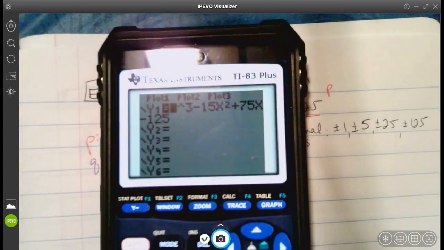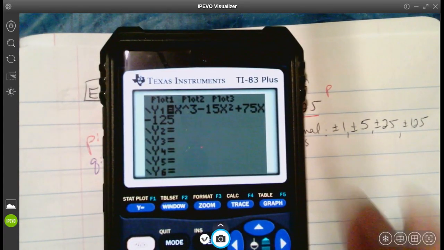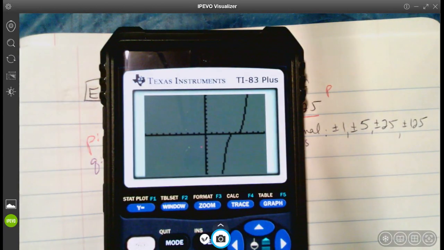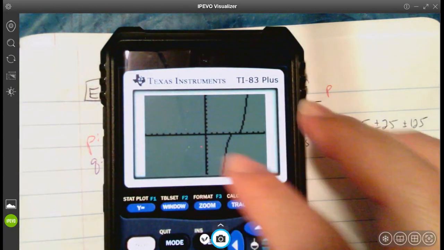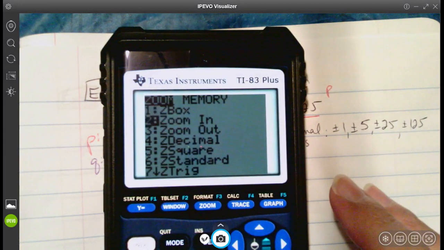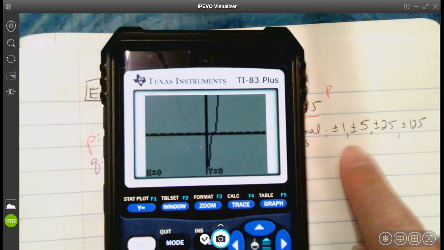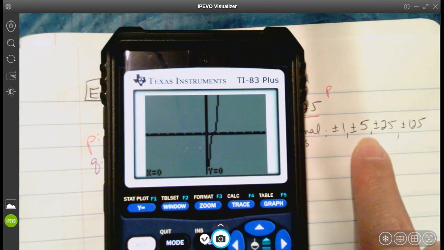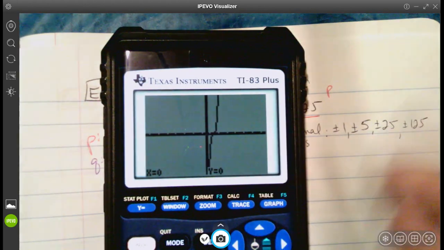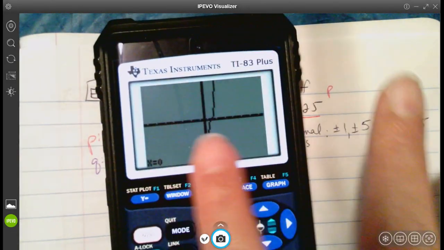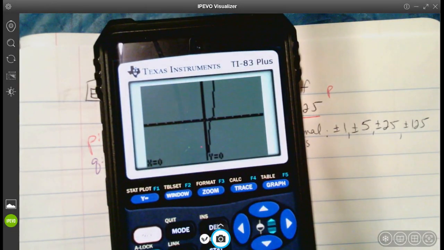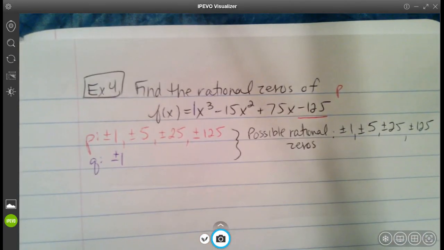Okay, so here is my function, and here is the graph. We can zoom out so we can just see what's going on here. So it looks like this one actually only has the one zero, and it's pretty early on. So I'm going to say it's probably going to be either the 1s or the 5s. Obviously, I can zoom in and see what it is, but this is just to help us see between what values our zero is going to be.